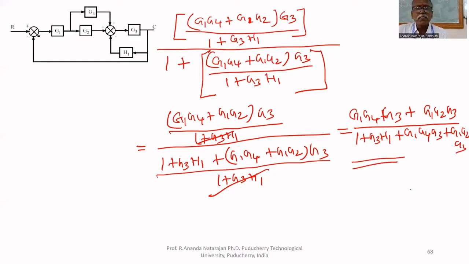So we simplified. This system is represented by 1, 2, 3, 4, 5 differential equations. If we know the transfer function, we can substitute here and we can find a single transfer function. That is possible by using the block diagram reduction technique.